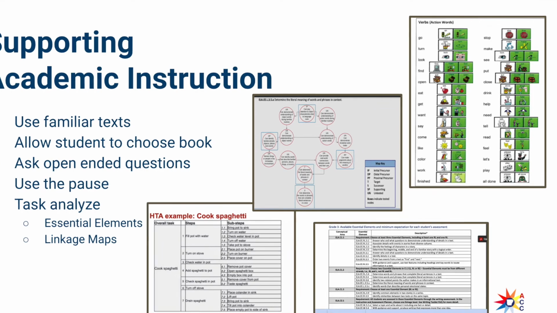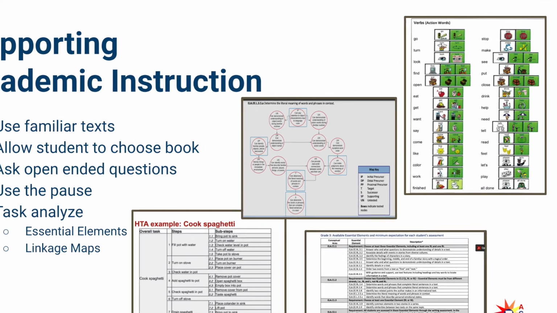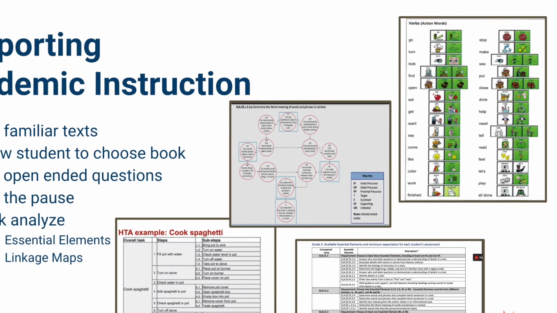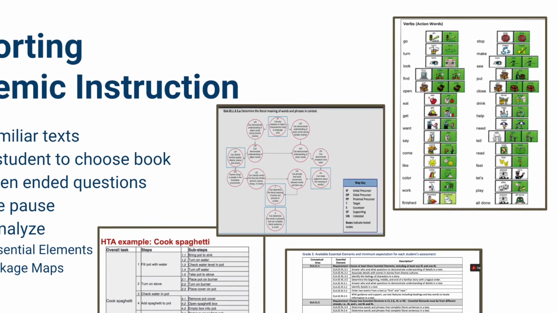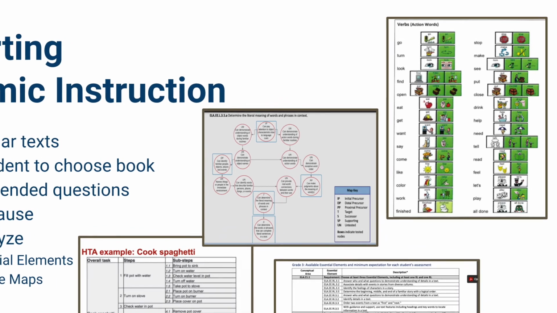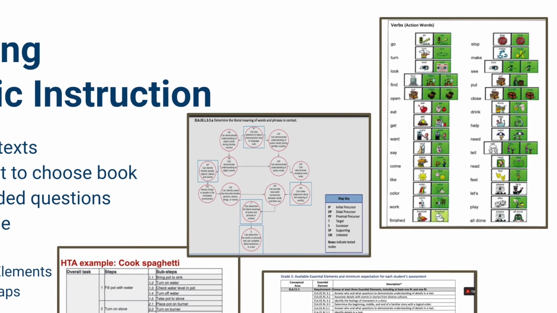Task analyze the target, break it into very small steps, and then decide where to prompt. You can use your essential elements maps or the linkage maps. Limiting access and sabotage. Teach the main word first by allowing the student to fill in the blank.